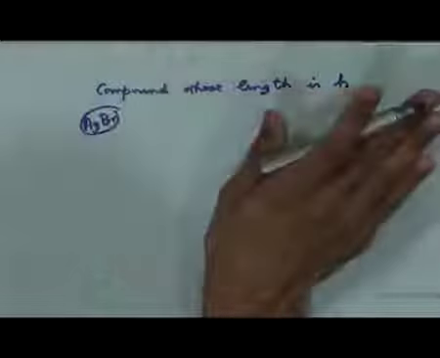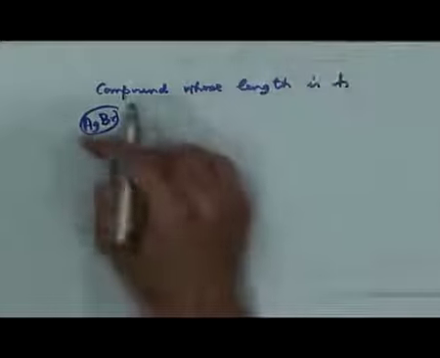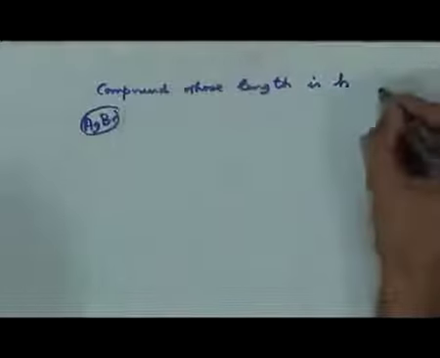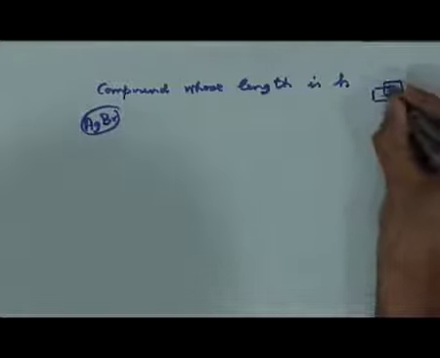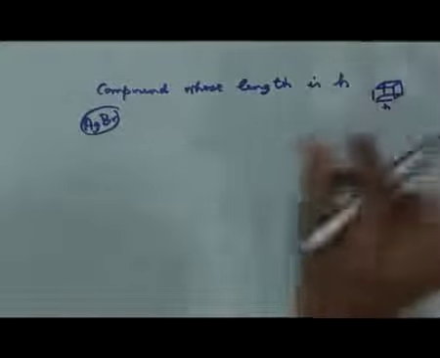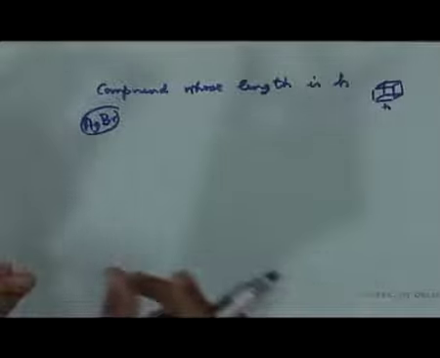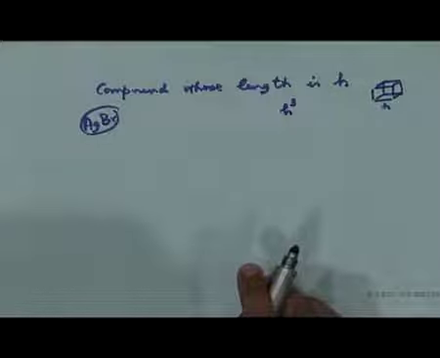It is very, very qualitative, but nonetheless it is illustrative. Any particle that we look at can be represented by a cube of dimension h. So, first of all, I am saying that a molecule is a cube and the dimension is h. So, its volume is going to be h cube.